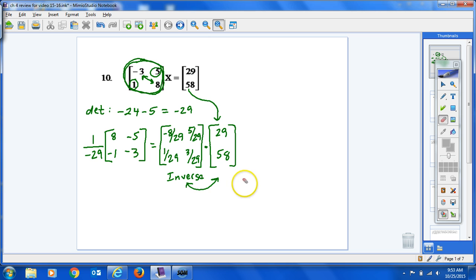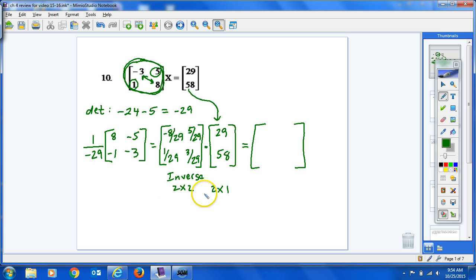Okay, so now it's just matrix multiplication. And so remember, we multiply row times column. So I'm gonna write this out. And by the way, we already know what our product matrix should look like, because we have a 2 by 2 being multiplied times a 2 by 1.